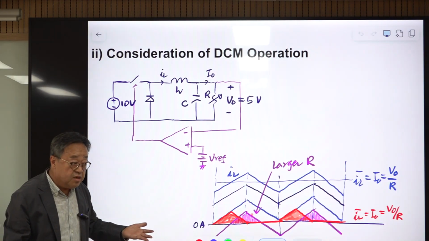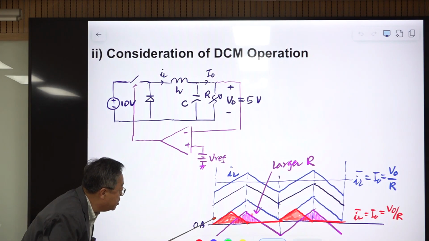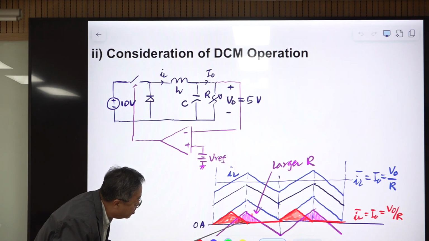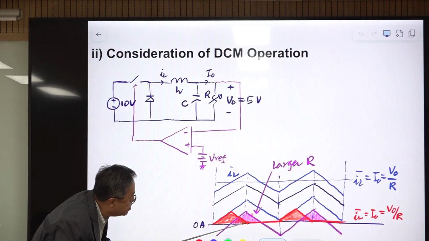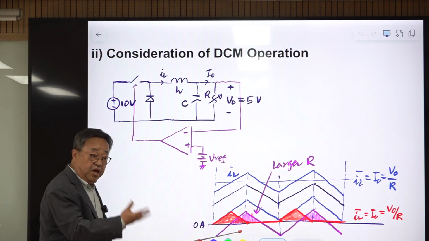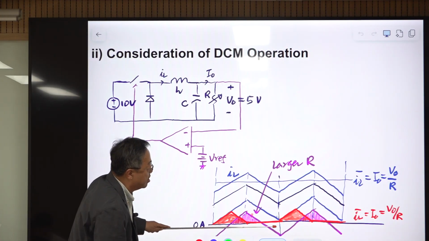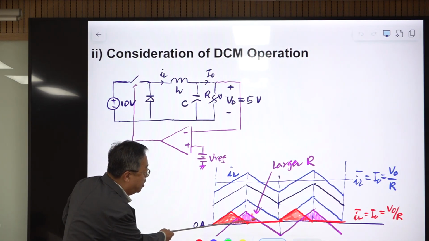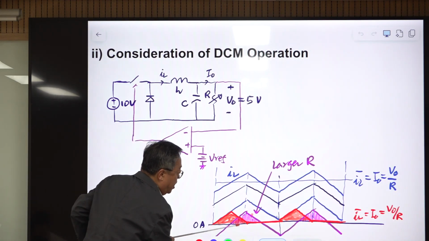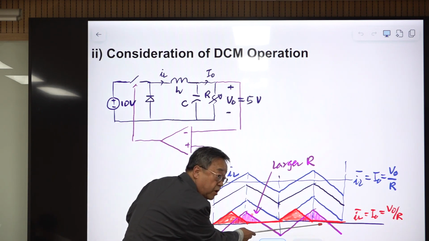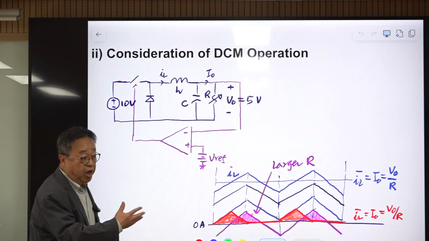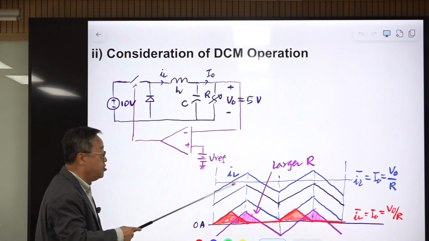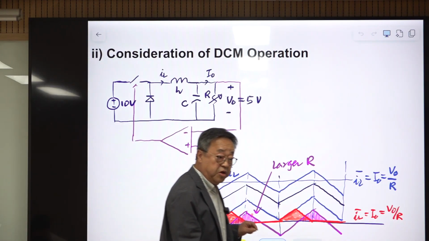That makes sense. That means the inductor current is initially increasing, goes to the peak value, decreases, and reaches 0. Then the diode turns off, and for the remaining operational period the diode remains off. Then the average value of this red curve is the same as the average value of this purple area, so that satisfies the requirement. And this is the operational waveform of the inductor current during DCM operation.